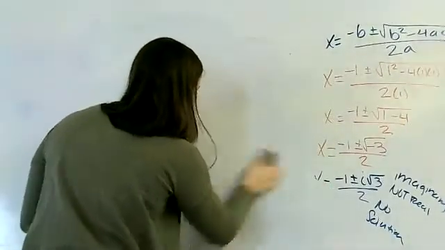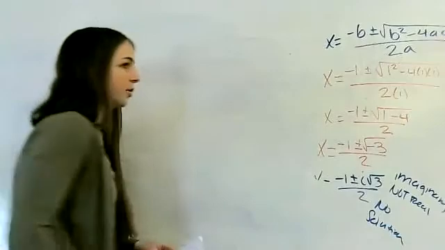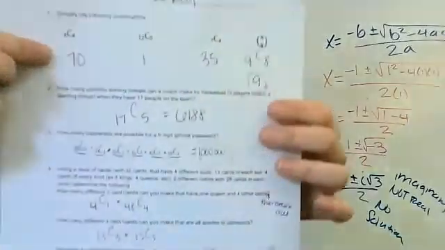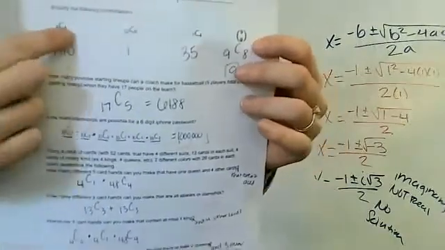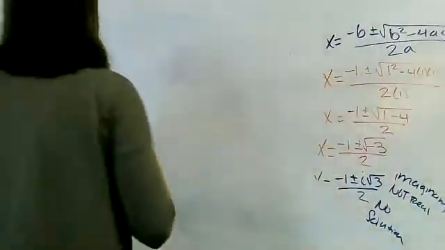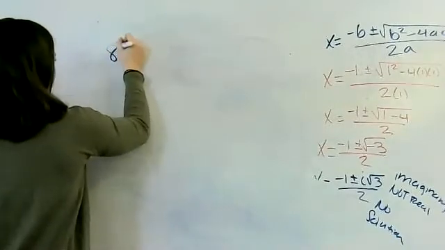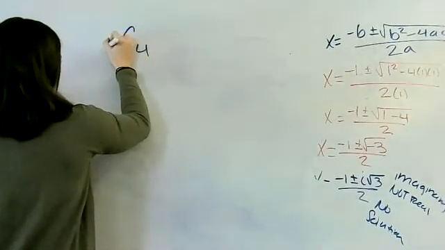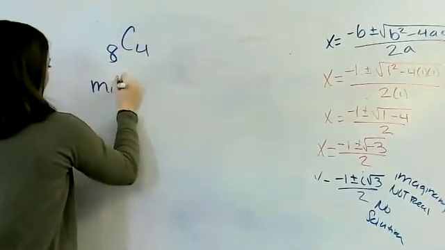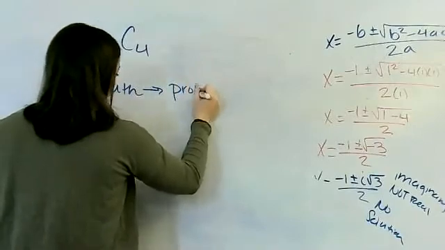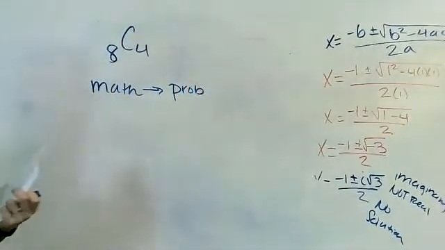So these first couple ones are so calculator based. I'll put plenty of these on here just so that you can go through them and get some nice points. But these top ones, I just want to remind you, when you want to put something like 8 choose 4 into your calculator, you need to go to the math button, scroll over. It's either going to be PROB or just PRB.